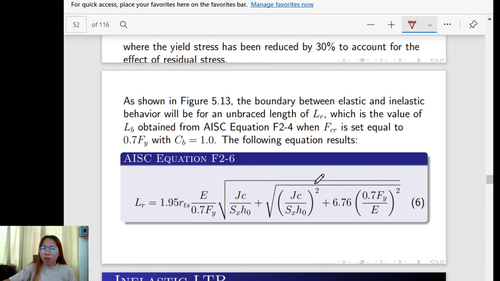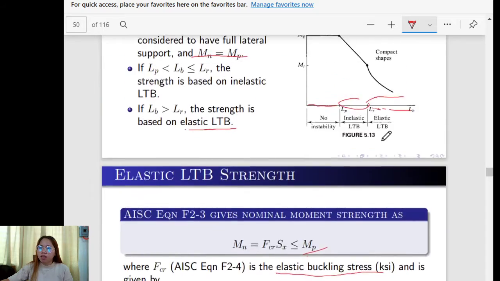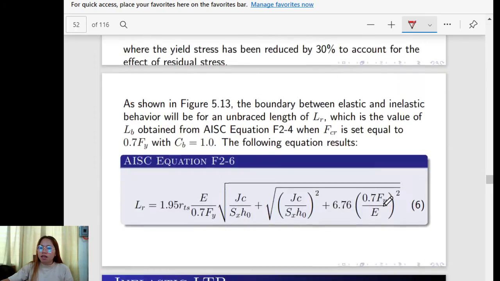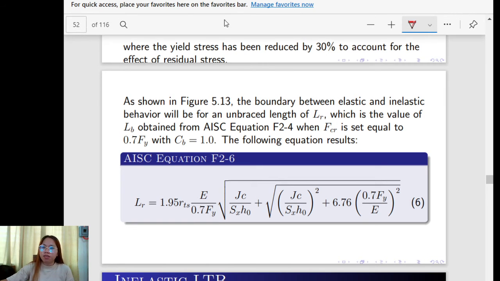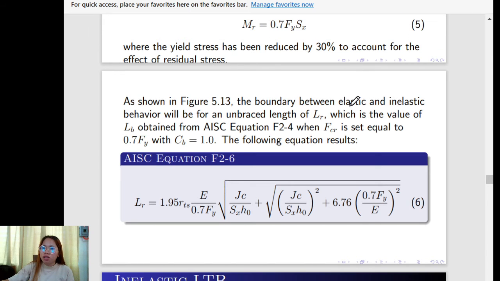As shown in figure 5.13, the boundary between elastic and inelastic behavior will be for a brace length of L sub r, which is the value of L sub b obtained from AISC equation F2-4 when F sub CR is set equal to 0.7 Fy with C sub b 1.0.